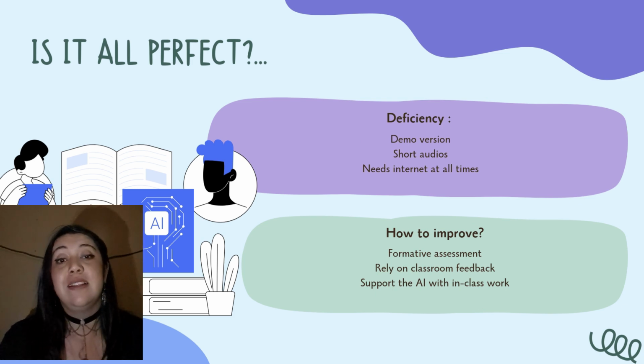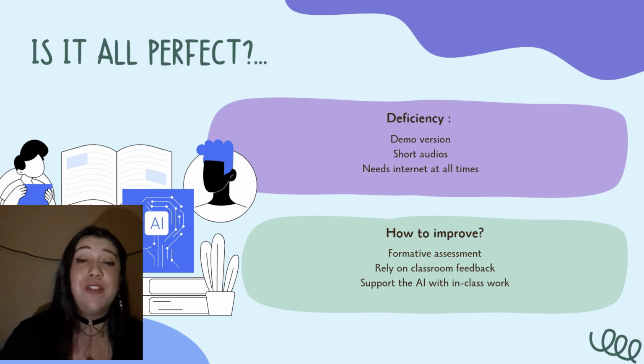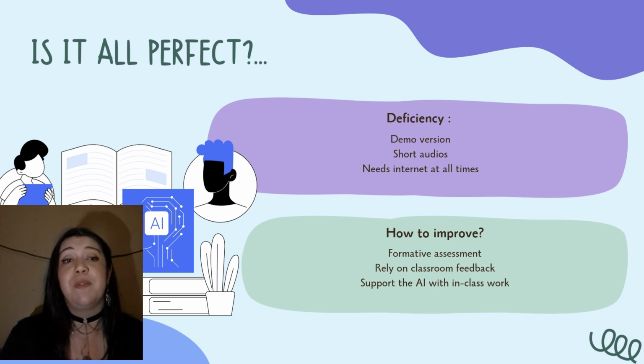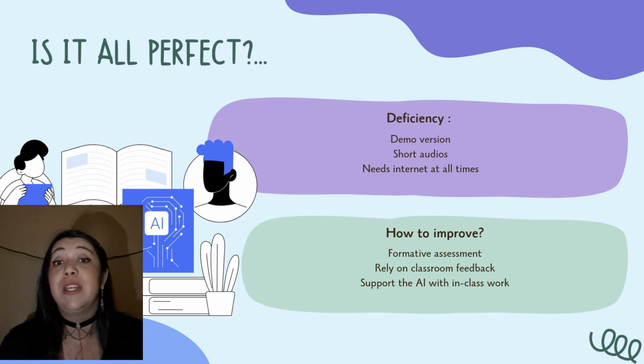And the last and, for me, the most important challenge is the potential for an overemphasis on perfection. Because the tool's detailed feedback may lead some students to focus exclusively on perfect pronunciation at the expense of overall communication skills. This could reduce confidence in natural speaking situations, especially for beginner learners.